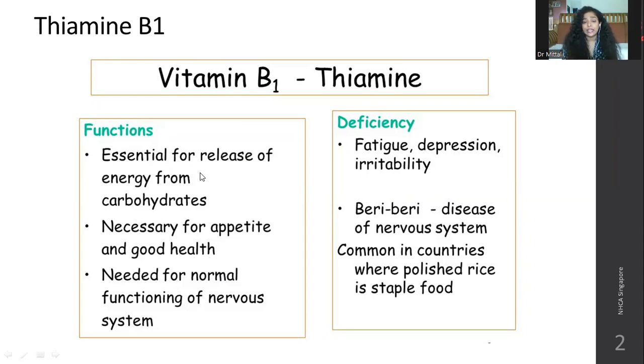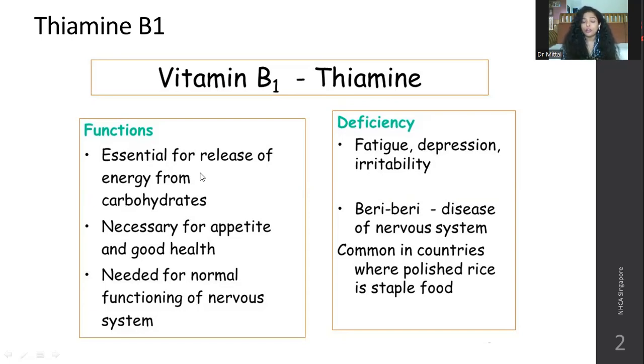When we take cereals and pulses, the outer cover of the cereals and pulses is rich in thiamine. Nature in its way has given us carbohydrates and also the medium which can metabolize carbohydrates in its natural form. All the cereals and pulses, which are loaded with carbohydrates, are formed in nature in such a way that vitamin B1, thiamine, is generally found in the outer husk layer of the carbohydrates.